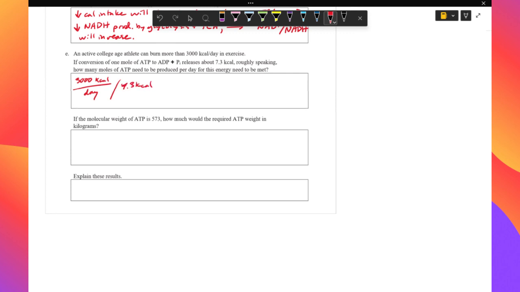kcals per mole of ATP. 3,000 divided by 7.3 gives us 411 moles of ATP.